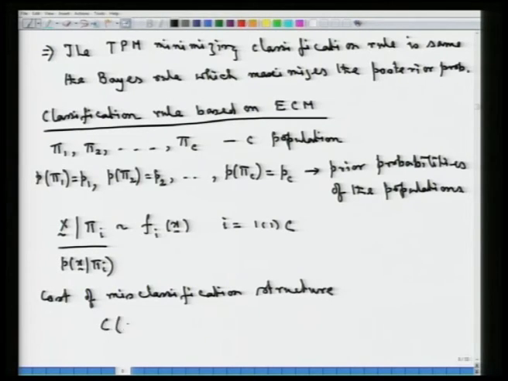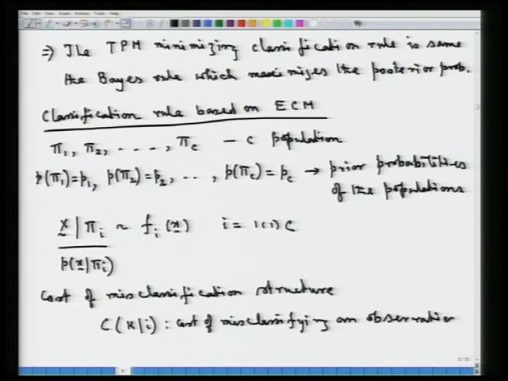We define that by c_ki. So, this is the cost of misclassifying an observation coming from the ith population, that is pi i, into the kth population, that is pi k.